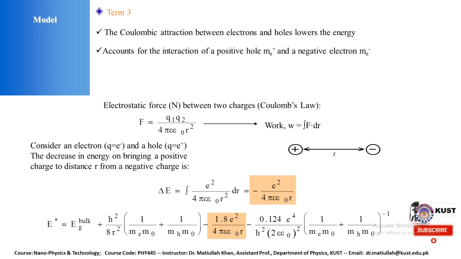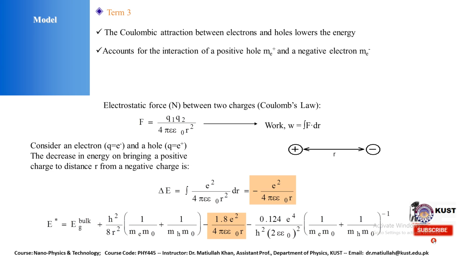The electrostatic force is calculated by Coulomb's law, and here the numerical form is in front of us. F is equal to q1 q2 divided by 4 pi epsilon naught r squared. Here q1 and q2 are the charges on the two charged objects: q1 is the electron, and q2 is the hole. So we can calculate the force or the work.